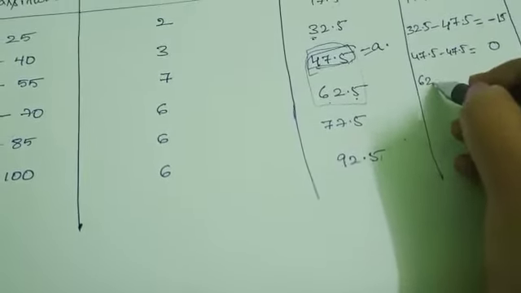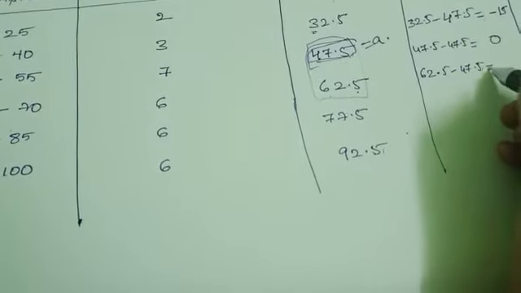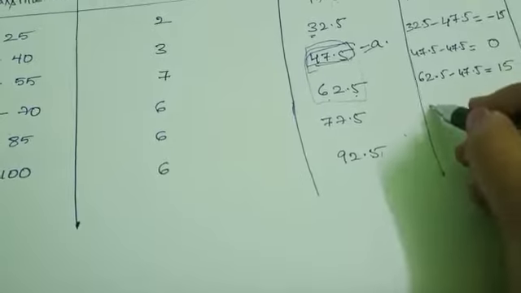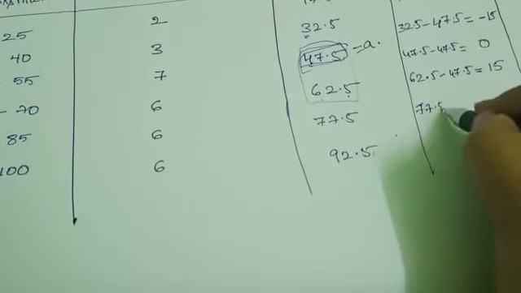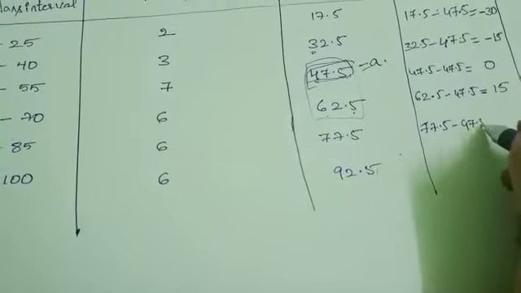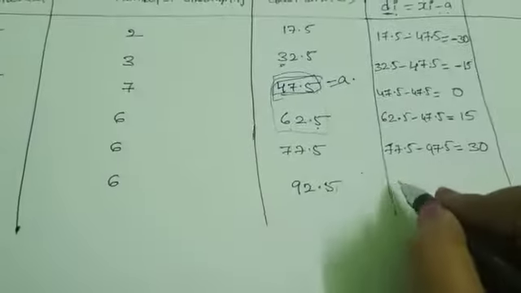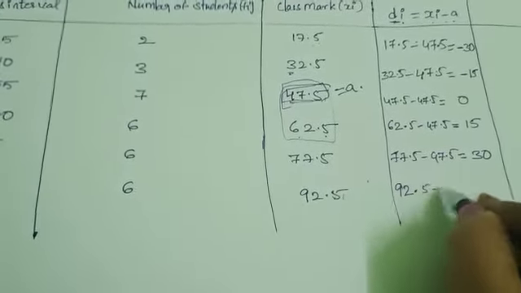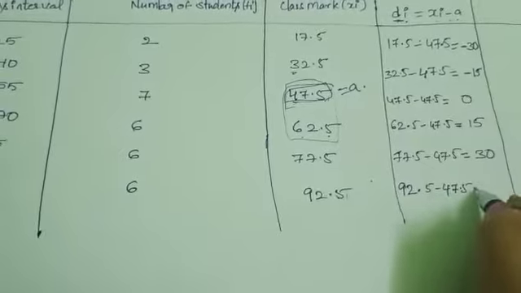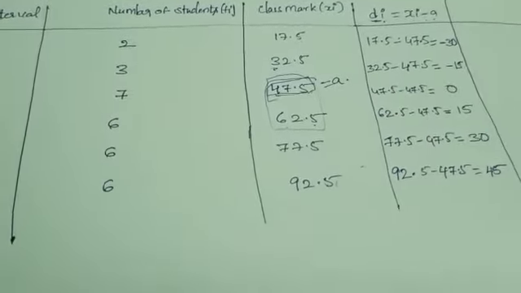Next, 62.5 minus 47.5 equal to 15. Next, 77.5 minus 47.5 equal to plus 30. Next, 92.5 minus 47.5 equal to 45. Okay, this is the deviation.